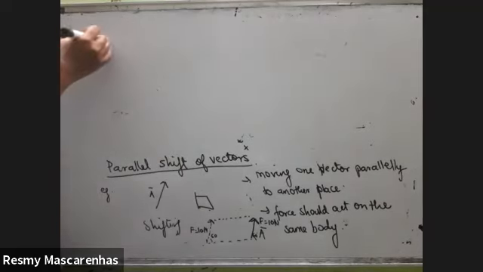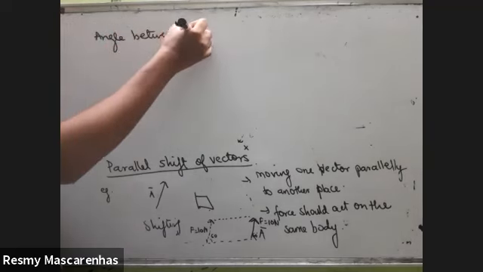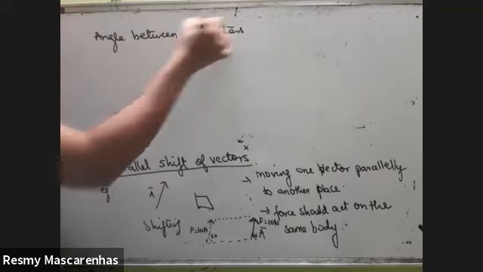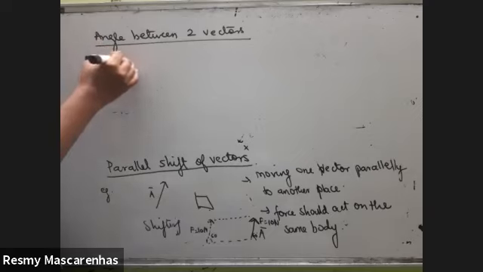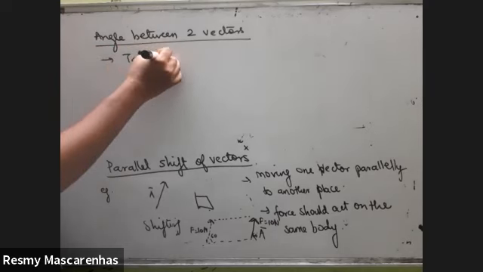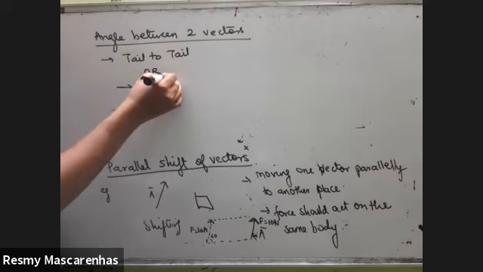Next is the angle between two vectors. While calculating the angle, you have to be very careful. There's a rule. You have to always measure the angle with respect to tail to tail, or it should be head to head.